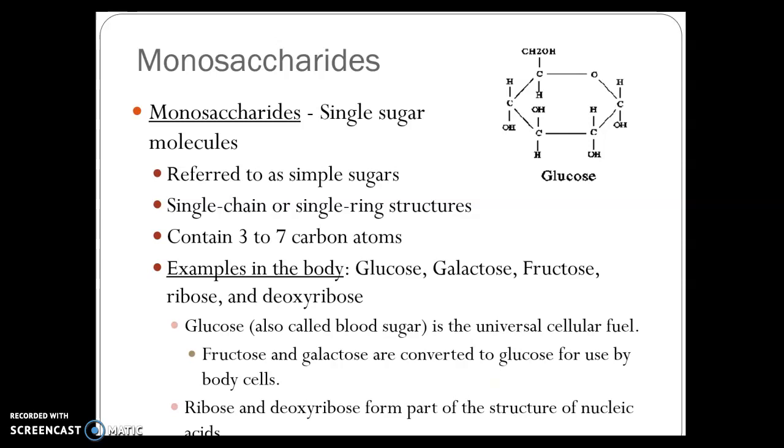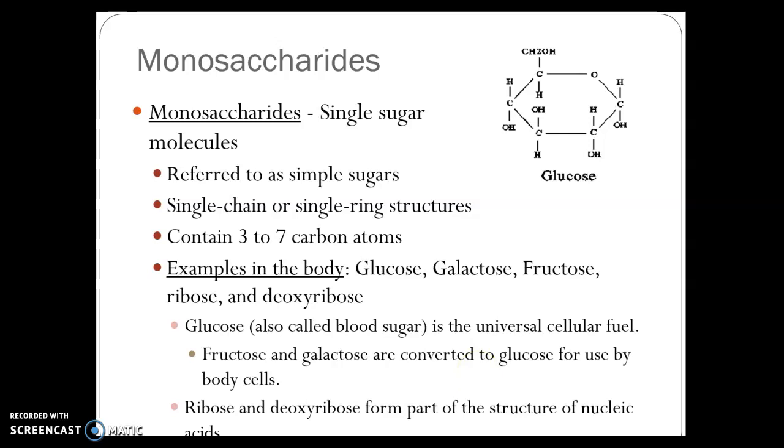So fructose and galactose, those are converted to glucose when they go into our cells. So we get fructose from a lot of the fruit that we eat. Bananas have a lot of fructose in them. Those are actually a really good source for energy, because when it goes into your body it breaks it down and converts it to glucose, and glucose is what our cell uses to create ATP, which we've been talking about is energy, right?